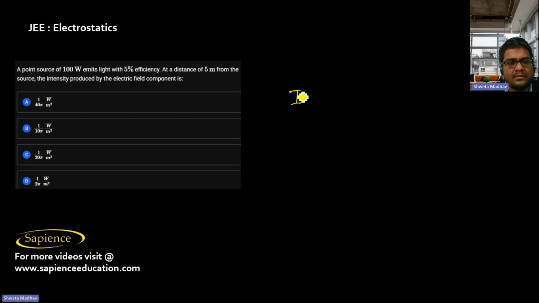The intensity produced by the light. So 5% efficiency means the power emitted by the source will be equal to 5% of the 100 watt, that is equal to 5 watt.